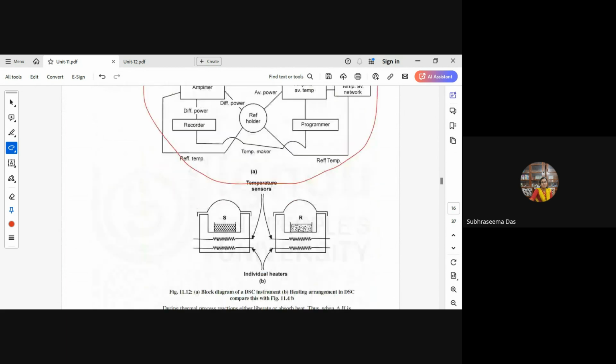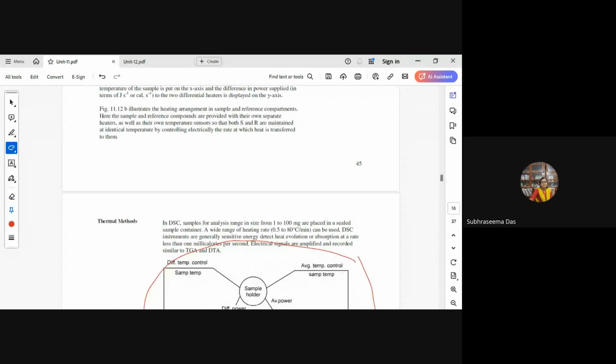In figure 11.12b, the individual two heaters have been shown, which illustrates the heating arrangement in the sample and reference compartments. The sample and the reference compounds are provided with their own heaters, in their own compartments, as well as their own sensors, so that their S and R temperatures are identical.